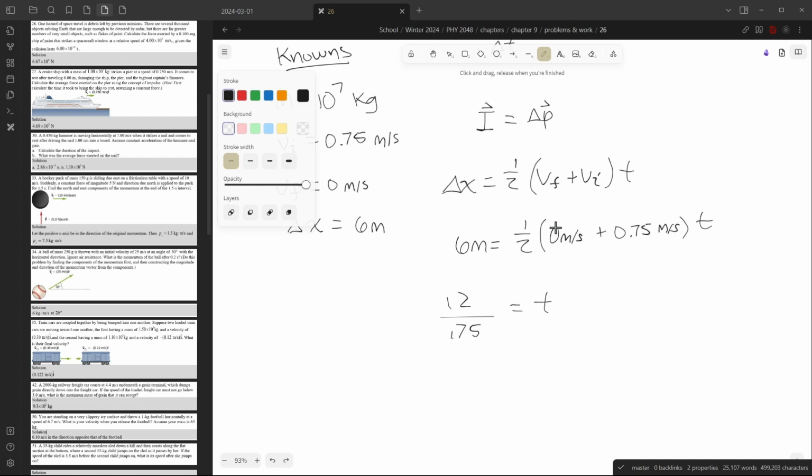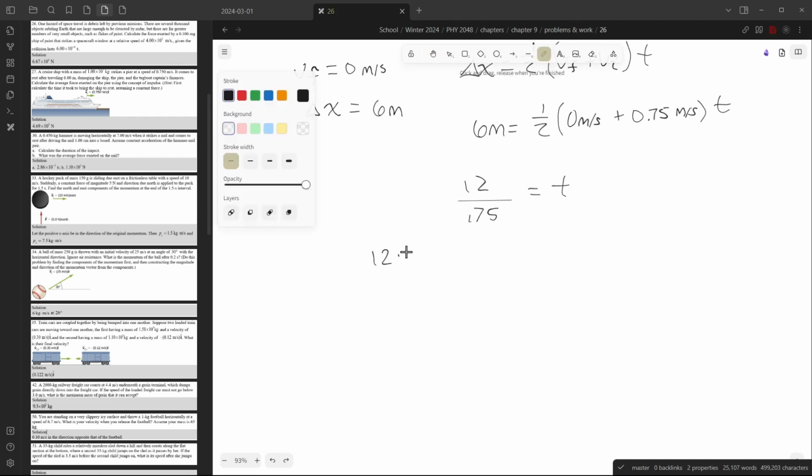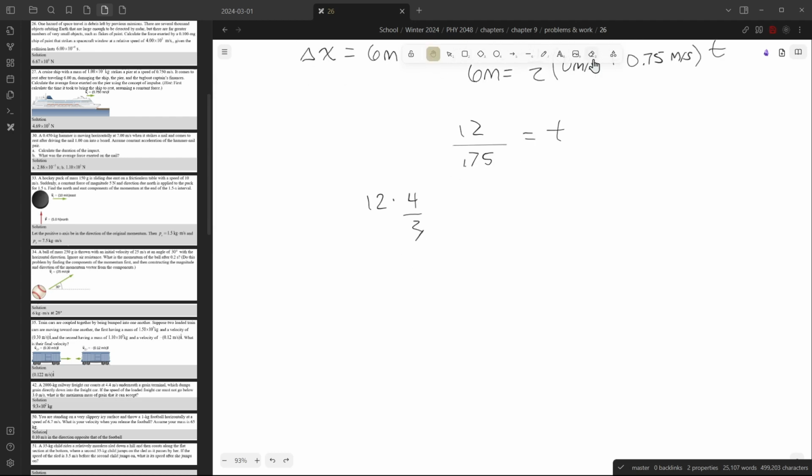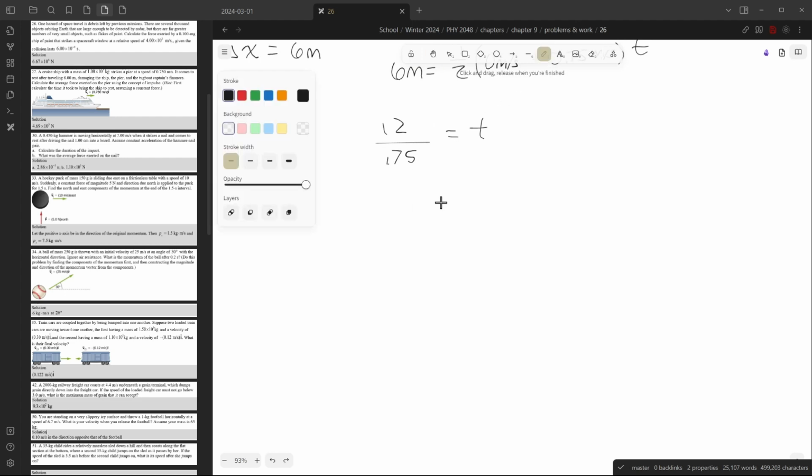So let's find out using a calculator. If you're good enough, you might be able to do it without a calculator, because this is the same as 12 times 4 over 3.